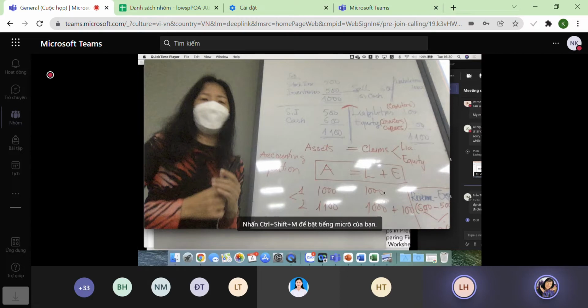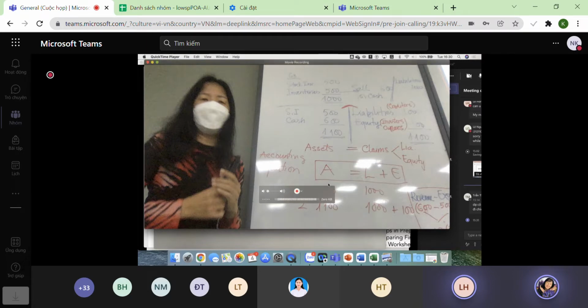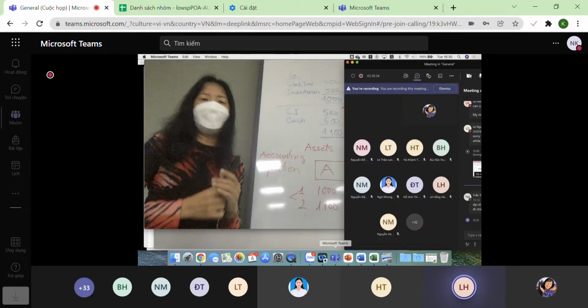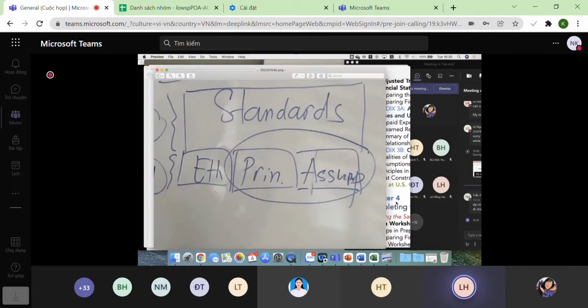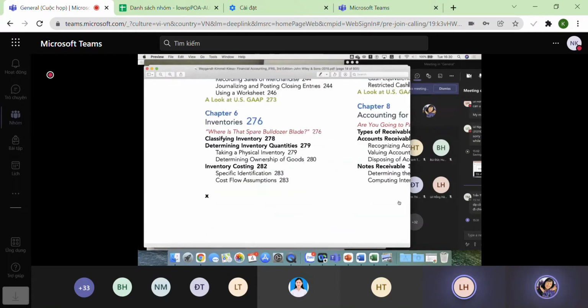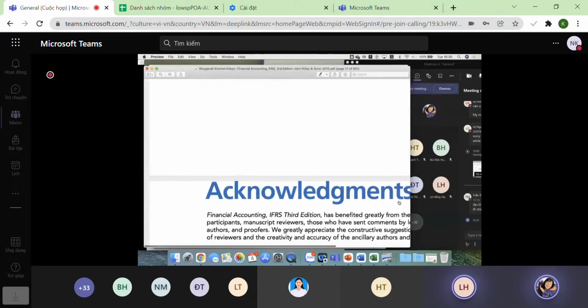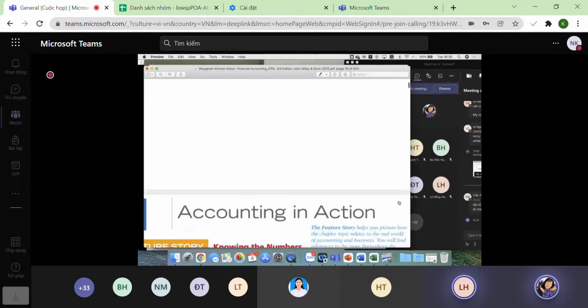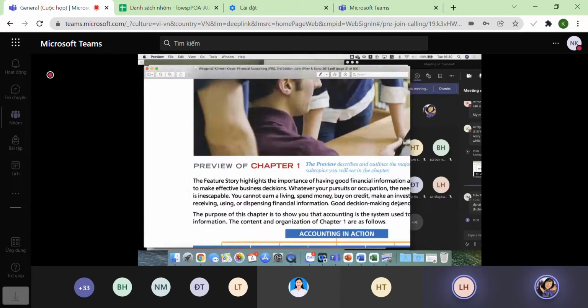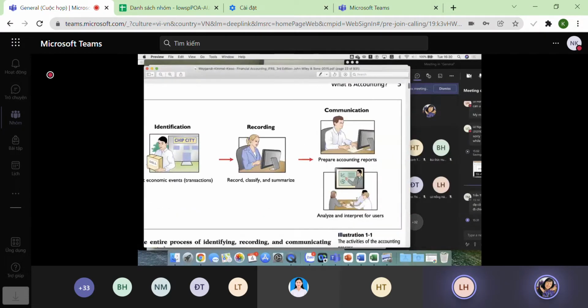So we have the tool now. Let us do one multiple choice question about this accounting equation for you to understand more about the accounting equation.